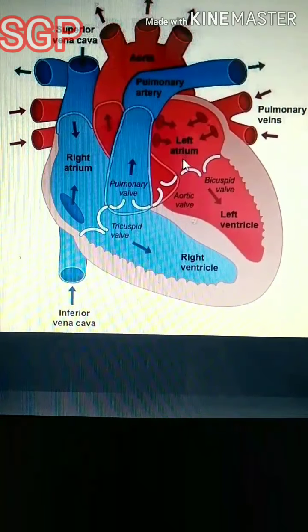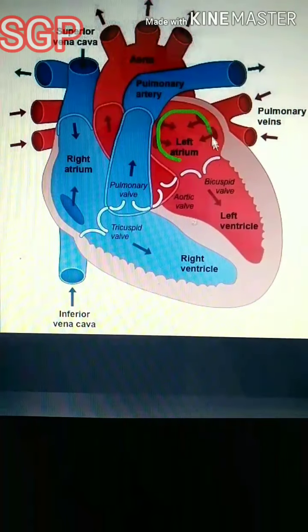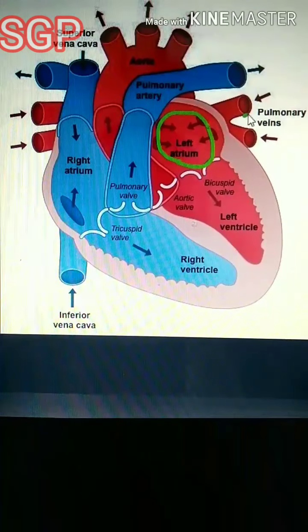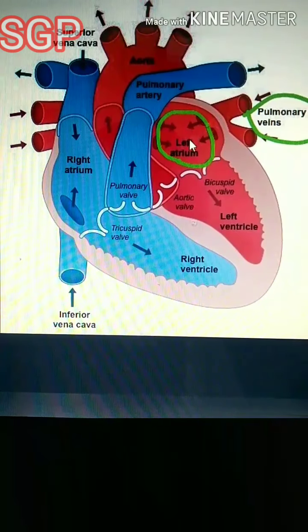The left atrium receives pure blood from the pulmonary veins.